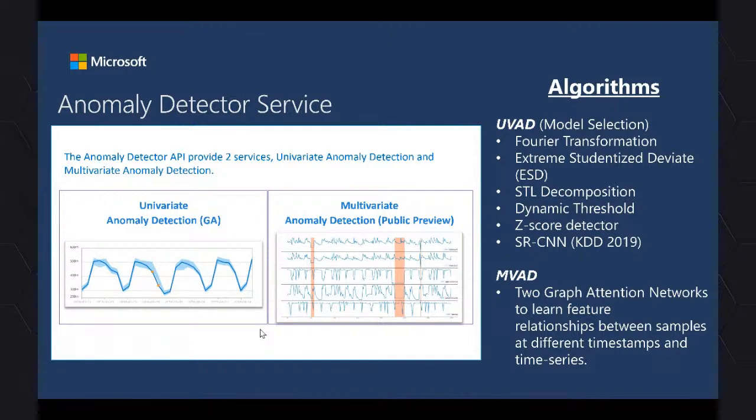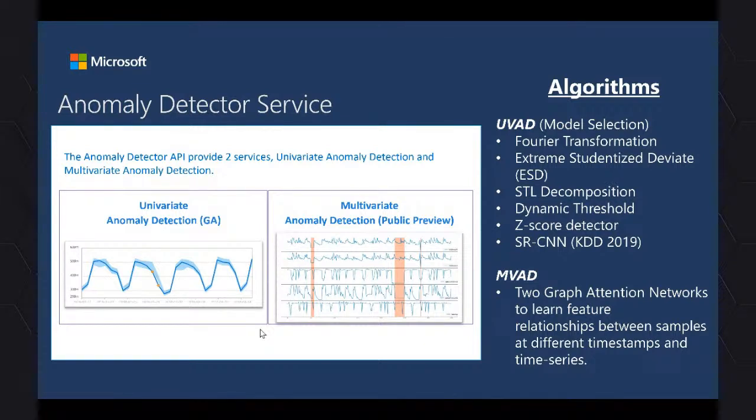The first one is to detect on just one variable, sometimes like revenue or cost or just the methane emission leak concentration. And for multivariate detection, it will detect anomalies within or among multiple variables, like 15 to 20 or even hundreds of variables.